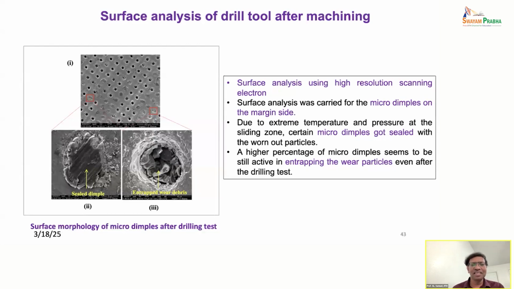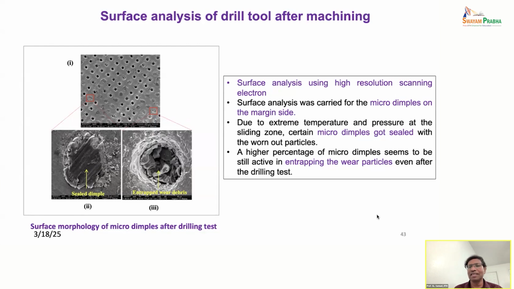And another interesting thing is that we will not be able to use this tool infinitely because these kind of things happen, wherein some of them get sealed after time and then they entrap. But if you can have a mechanism where they can be removed during the machining itself, that will be good. We can increase even the life of these textures to a higher extent.